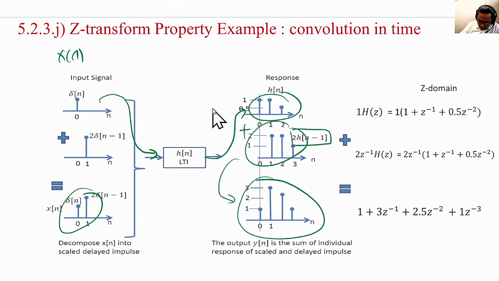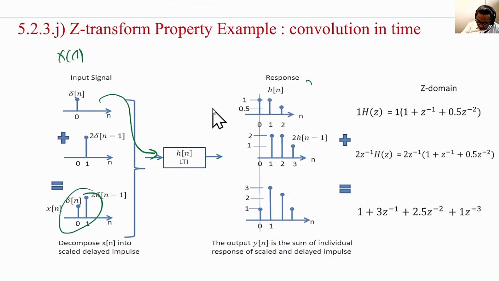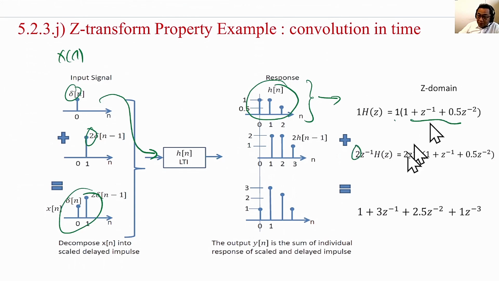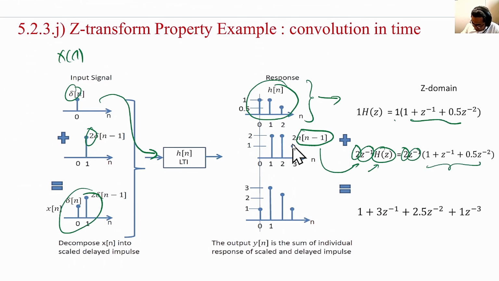Let's see this whole example in the Z domain. What is the Z transform of h[n]? This is the Z transform of h[n] multiplied by 1, which is the input. For the second, the input is 2, so we multiply 2 by h[n minus 1]. h[n minus 1] becomes z^(-1), and h[n] becomes H(z). So 2 is the constant of the input, z^(-1) is the input being delayed by 1 sample, and this is H(z).